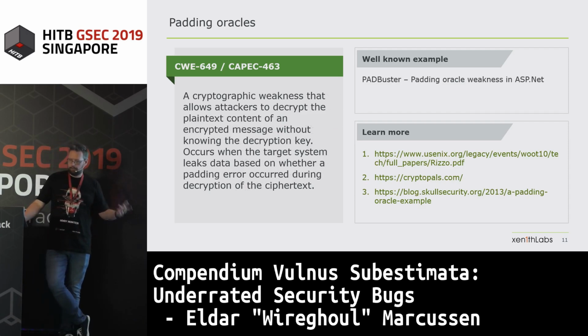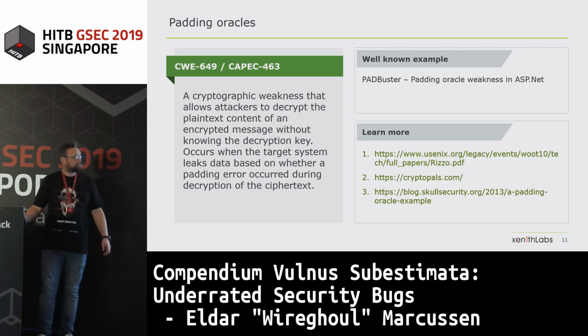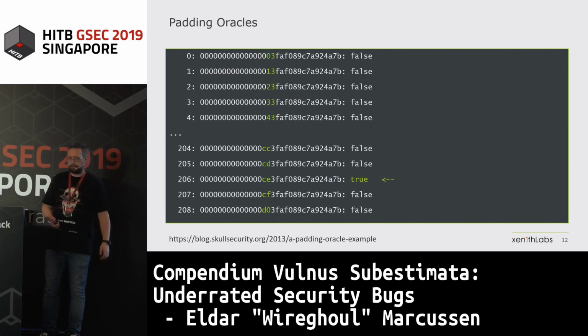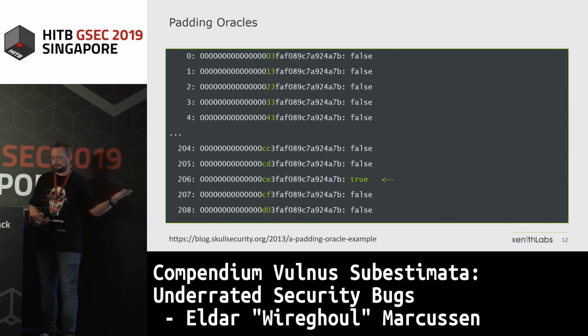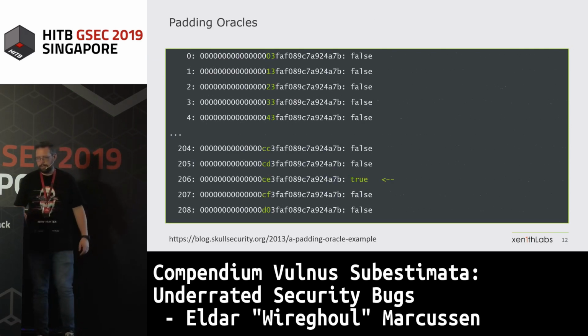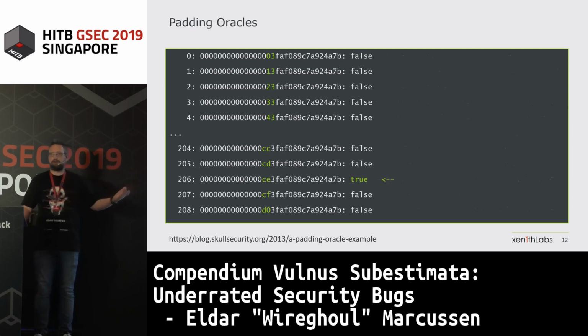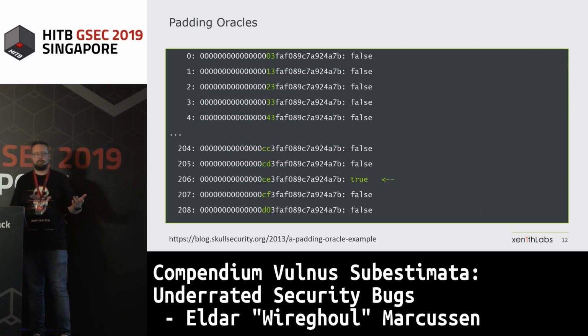There are some good examples. CryptoPals is a great challenge site if you want to learn about cryptography in general. The Skull Security blog is a pretty good write-up of the PadBuster attack, or generic padding oracle. I actually borrowed their example for this. Here we have a small cipher string. It has a 0 value for the IV, which makes it very easy to do the math.